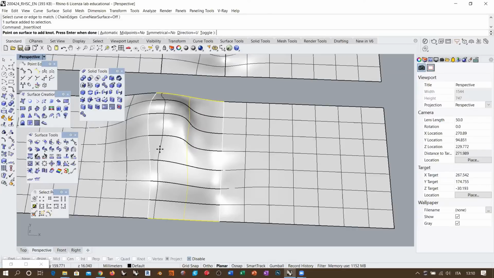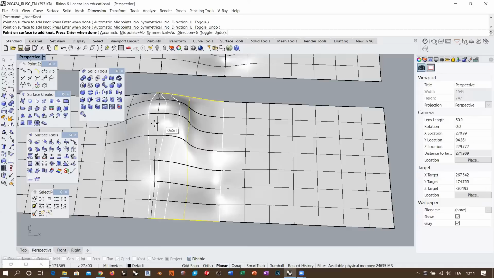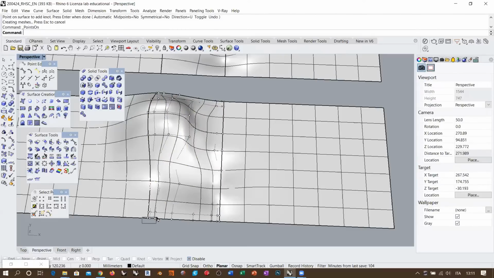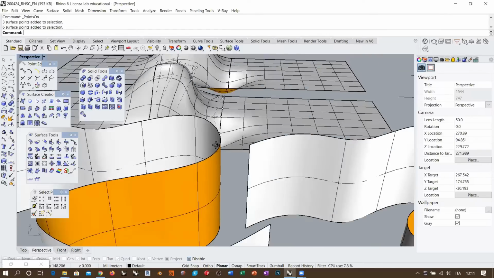So I need, for example, to add a couple of knot lines in order to have a couple of control point lines close to that edge, and eventually another couple of knot lines here. So in this case, I will have 3 control points in this area, which will be used to create the curvature continuity, and 3 control points in these areas, which will be used to control the curvature continuity here.